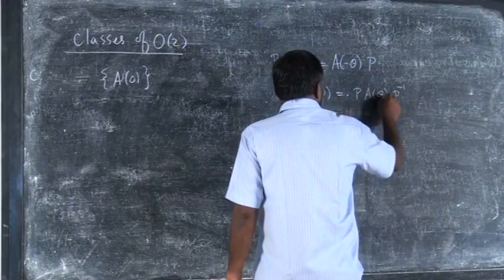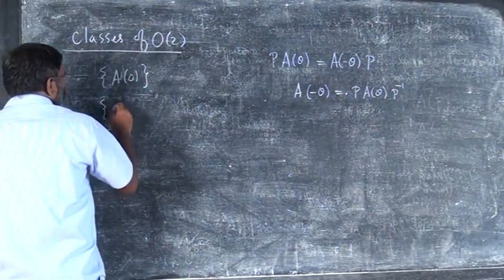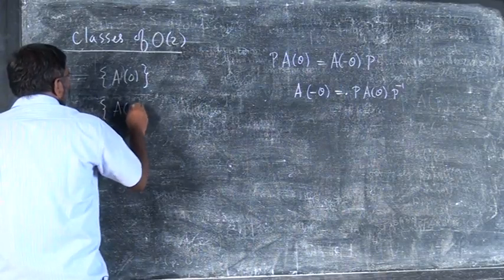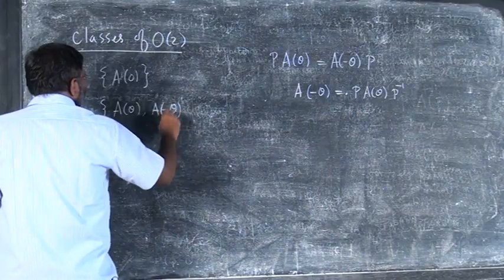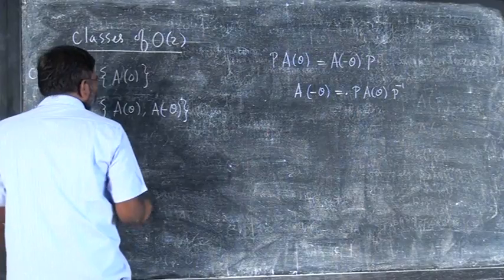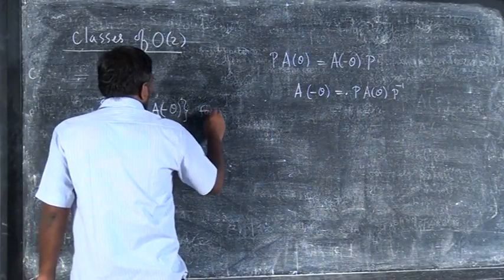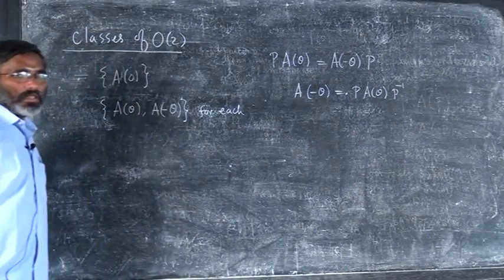That means these two belong to same class. So we have A of theta and A of minus theta is a class for each theta. So we have a class of two elements for each theta.